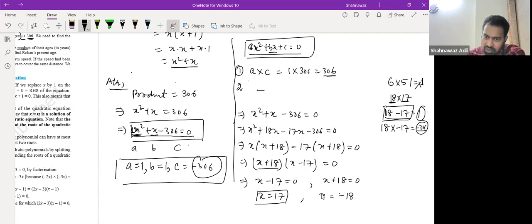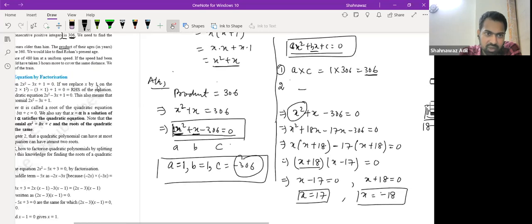So we have two values of x. Why? Because what was the degree of this equation? Quadratic. So we will have two roots, two zeros, right? But we have a condition. What is the condition?